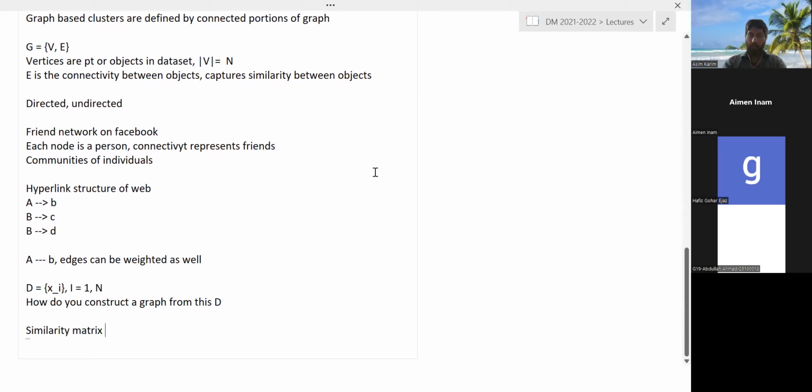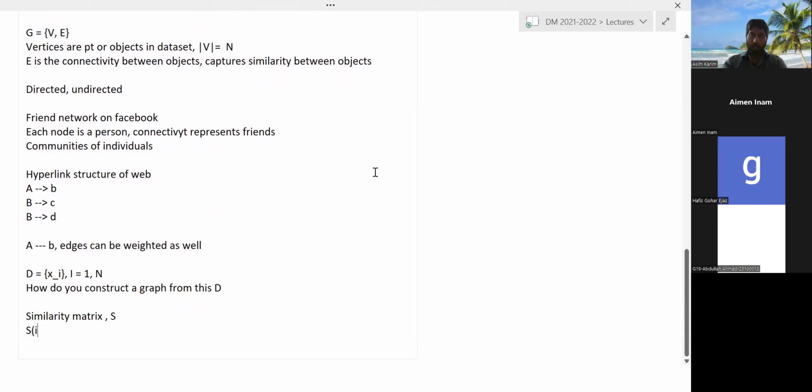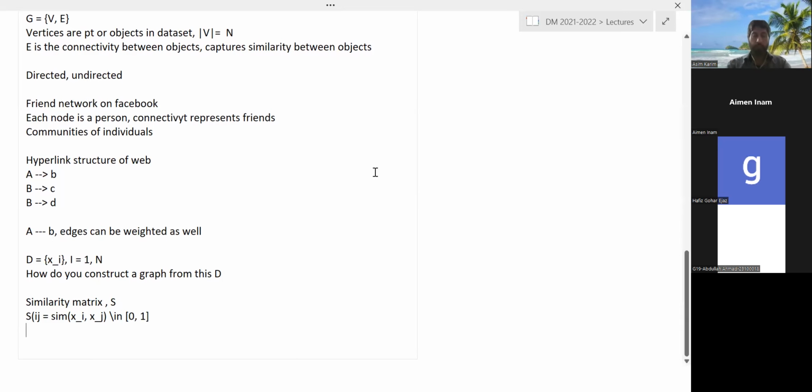Let's say I call this similarity matrix S. Sij is basically the similarity between Xi and Xj, and this is a value between 0 and 1, let's say. So 1 means full similarity, 0 means no similarity.